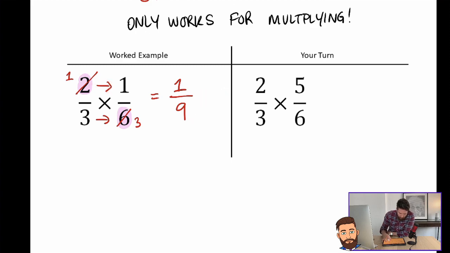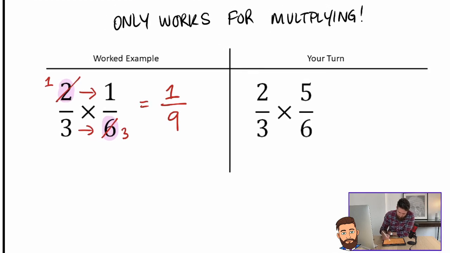If we just look at cross-cancelling with this second example, if I check my diagonals, if I check 3 and 5, is there a number that goes into 3 and 5? No. So I cannot cross-cancel that, so they have to stay as 3 and 5. If I check these diagonals, 2 and 6, like we've just seen, yes, we can cross-cancel these. We can see that 2 goes into 2 and 6. So I can cancel this 2. How many 2s go into 2? 1.